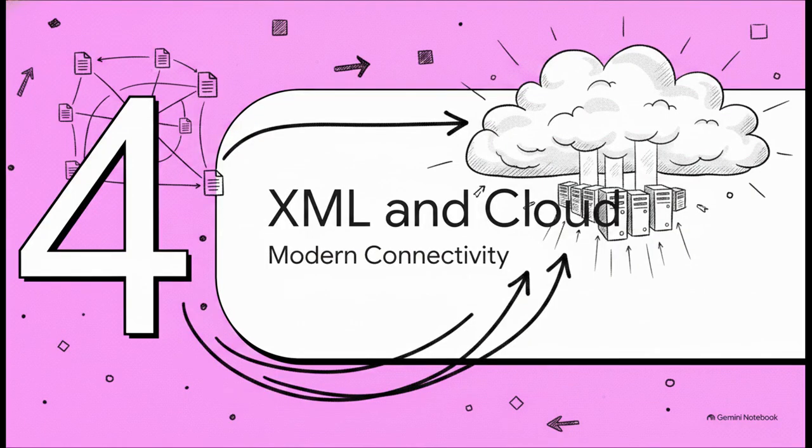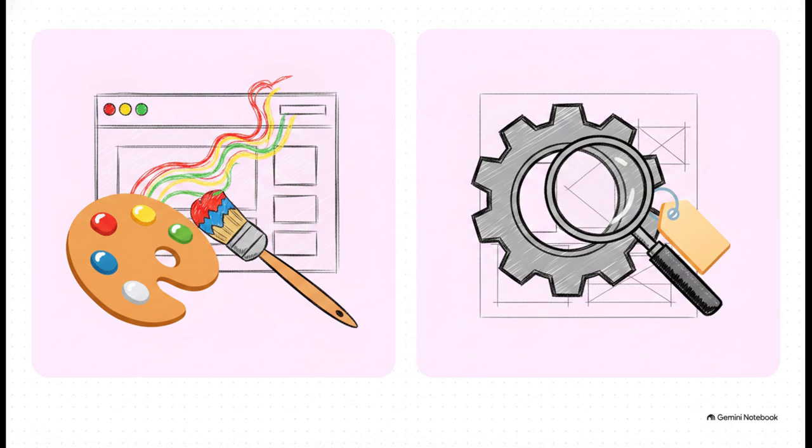That brings us to Section 4, XML and cloud computing. Now we need to introduce the final pieces of our modern connectivity puzzle, how we universally format all this data, and where we actually host the infrastructure. The core concept here is understanding the difference between HTML and XML. HTML is solely concerned with how data looks, the fonts, the colors, the layouts.